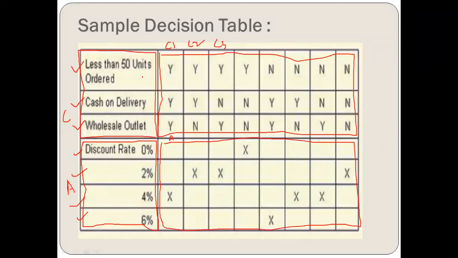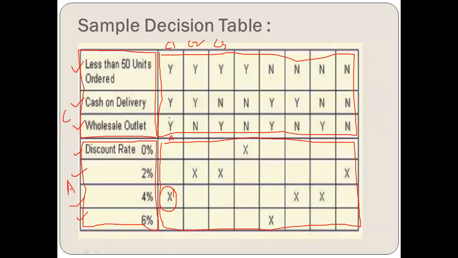Now let's see how it works. So these 3 conditions are taken up. Less than 50 units has been ordered. The cash on delivery has been taken up, and the order is on wholesale outlet or for any other. So first condition says, if all these 3 are yes, then they are going to give 4% discount.